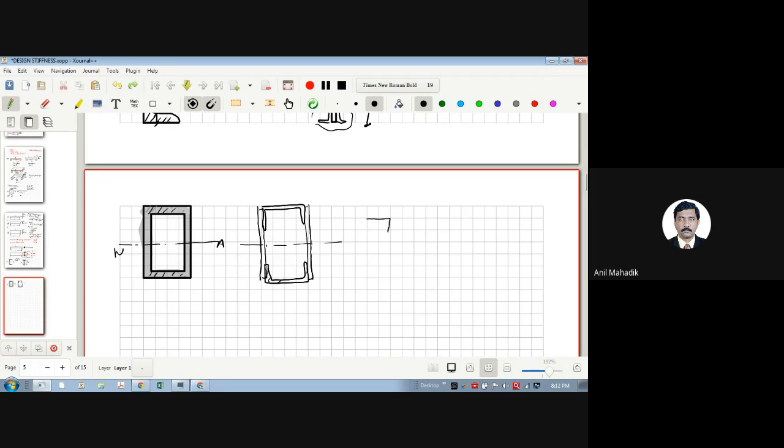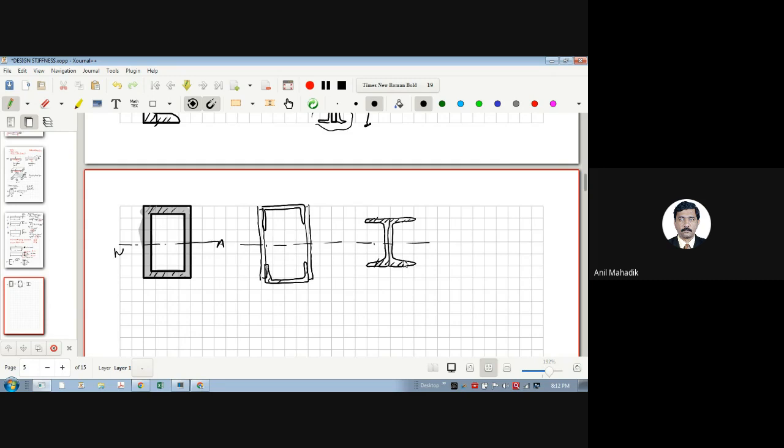Back to back means as good as an I section. Yes, sir. So here also you have more mass here because the flange area is more. So these are the sections.